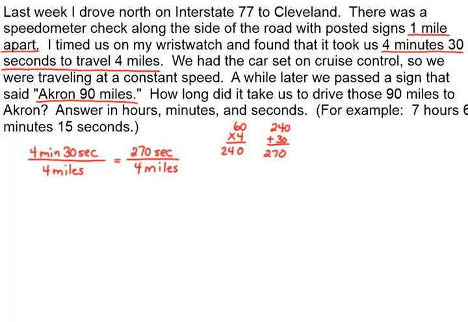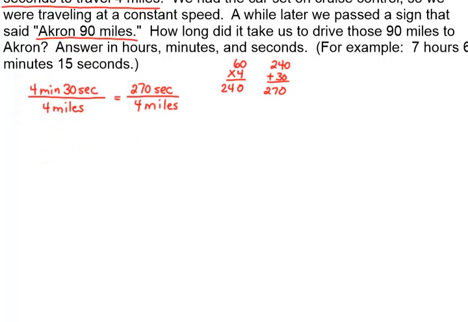So the question is asking, how long did it take us to drive those 90 miles? Since the mile markers are only 1 mile apart, we basically say we need to go 90 miles, put that over 1.